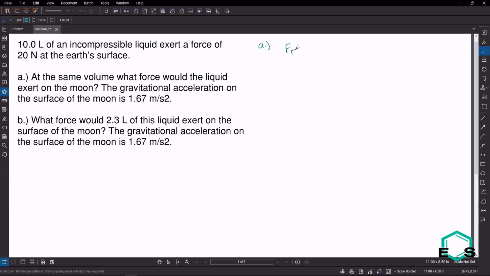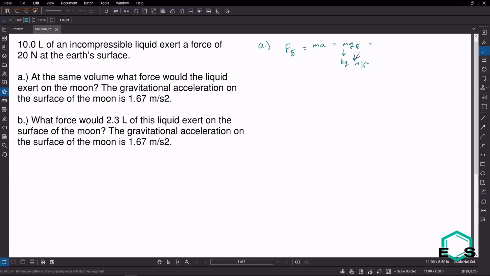they said the force on the Earth is 20 newtons. The formula for force is equal to mass times acceleration. In this case, acceleration is just the gravitational acceleration of the Earth. What I like to do is look at the units to make my own formula.